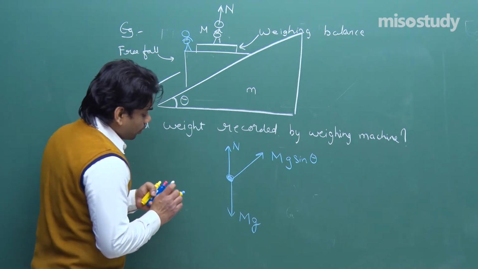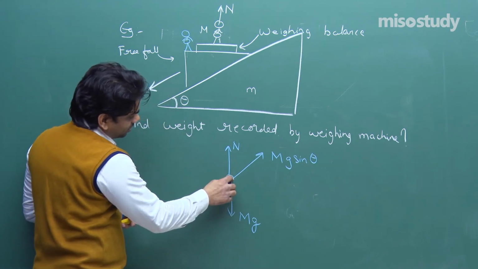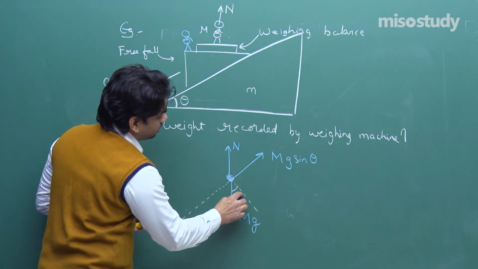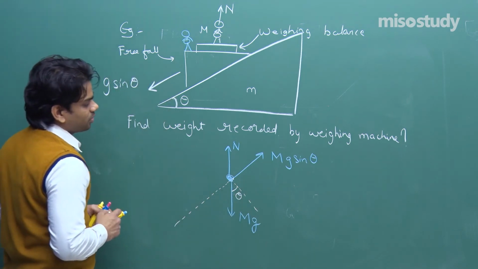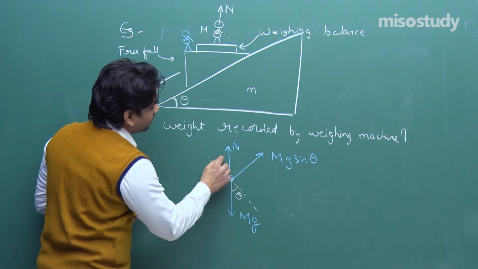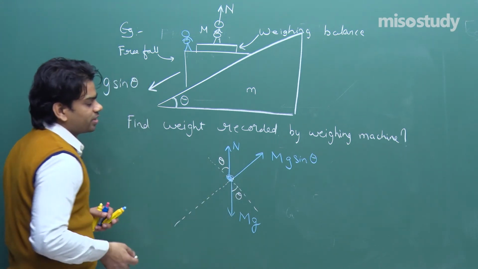Now you will be obtaining this angle. You can make out that this will be theta, this will be 90 degrees, and this will come out to be theta.